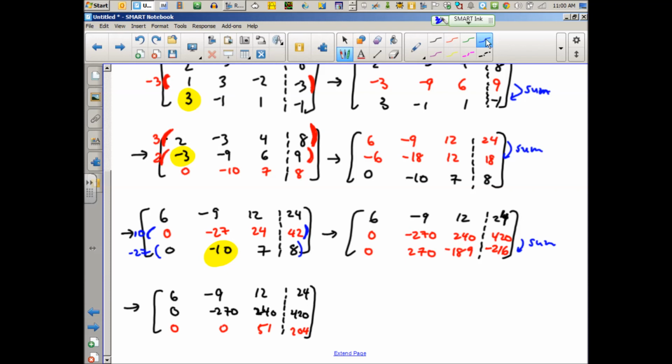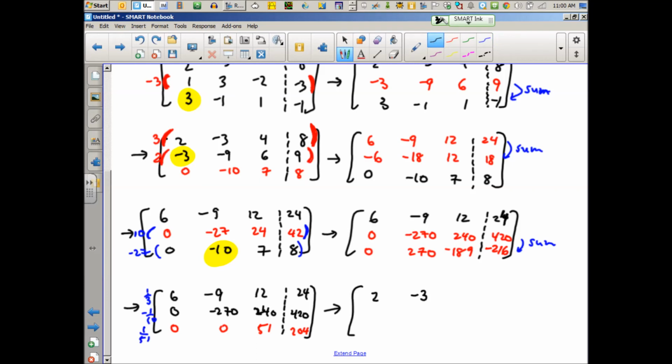For example, if you're getting annoyed at the large numbers, guys, watch close. You could technically multiply this top row by 1/3 right now. You can multiply this row by negative 1/10 or something. And then you could multiply this bottom row by 1/51. In other words, you could get this back down to smaller numbers. So now it's not as intimidating.